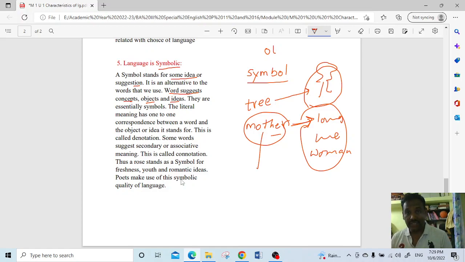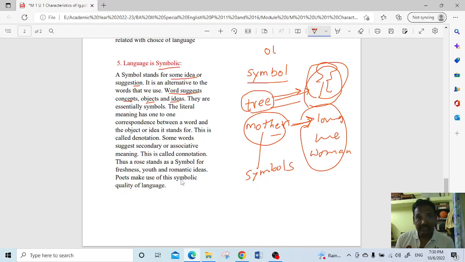So therefore, they are symbols. They are not themselves ideas or concepts or objects. So this word tree is not itself a tree, but it suggests, it represents a certain idea or an object. So words are essentially symbols.